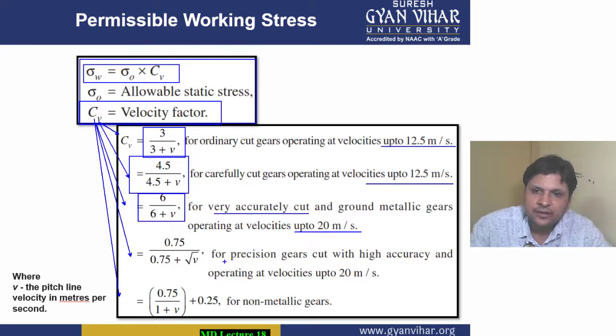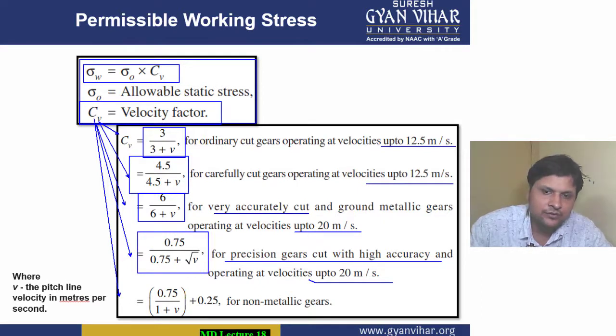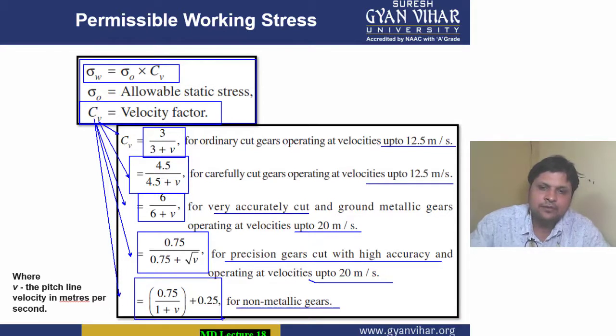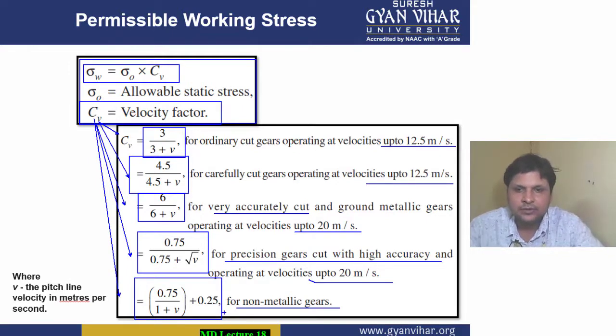For precision gears with high accuracy and operating speed above 20 meter per second, you can use the formula 0.75/(0.75 + root v). Lastly, for non-metallic gears, you can use the formula 0.75/(1 + v) + 0.25. So these are the values of velocity factor which you can get from machine design data book also.